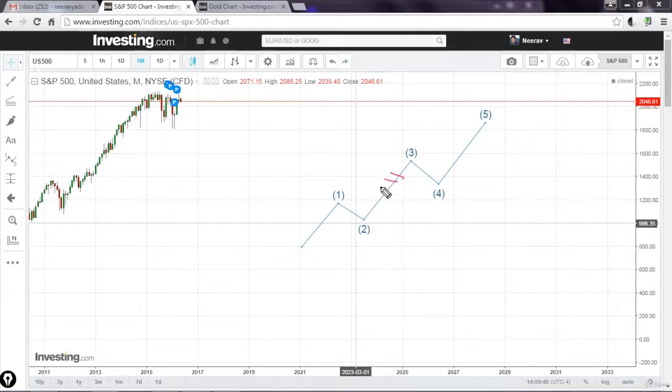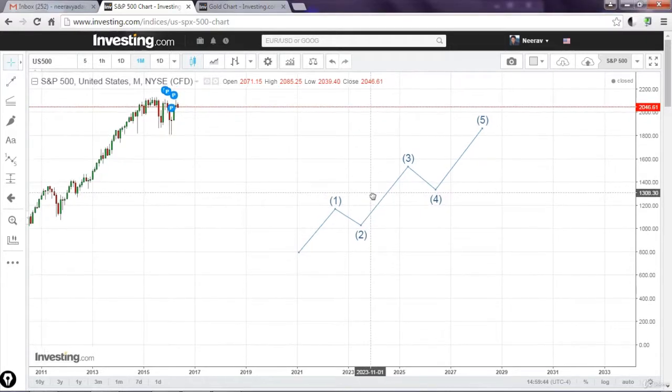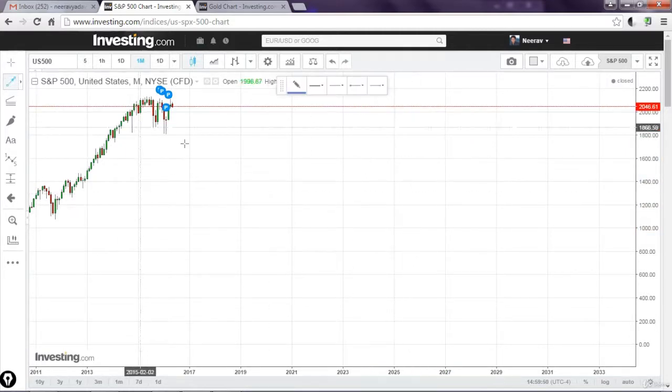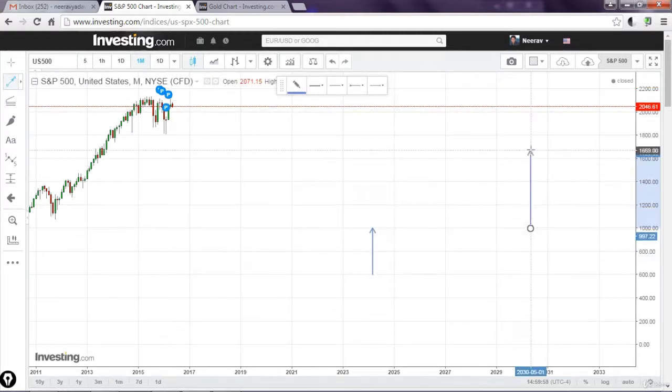Now obviously it is not a clear concept as I am just speaking it and you can't see anything, so I will first explain it using two lines. Say for example, this is the length of wave 1 and this is the length of wave 3.